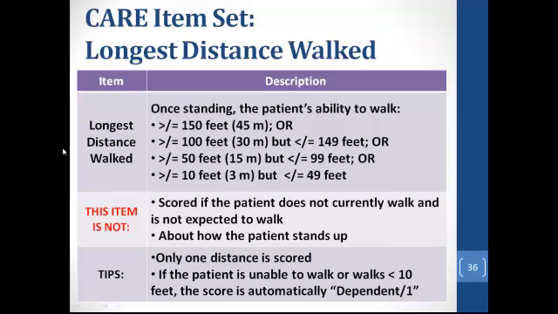This item is again not scored if the patient currently does not walk and is not expected to walk. You also do not consider the patient's ability to stand up.